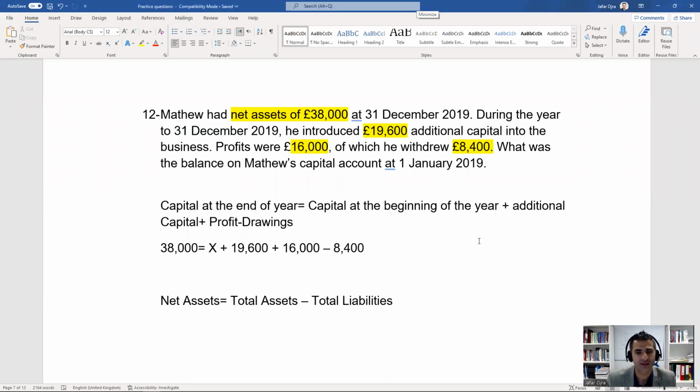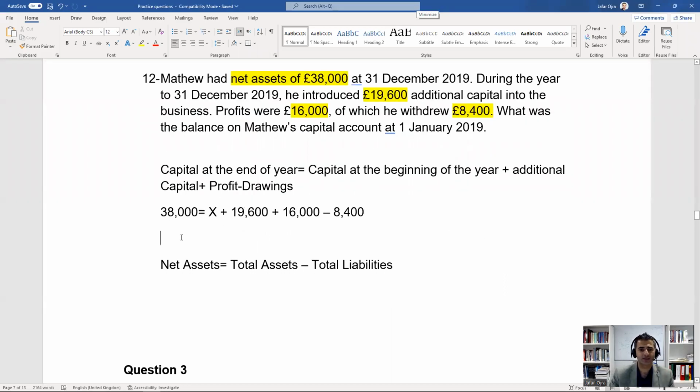Job done. So what you need to do now is just apply basic math skills in order to make it right. You just remember how to move this and how to apply this. It's really, really simple, guys. It's not a big deal. You might leave X here. So 38,000 pounds.